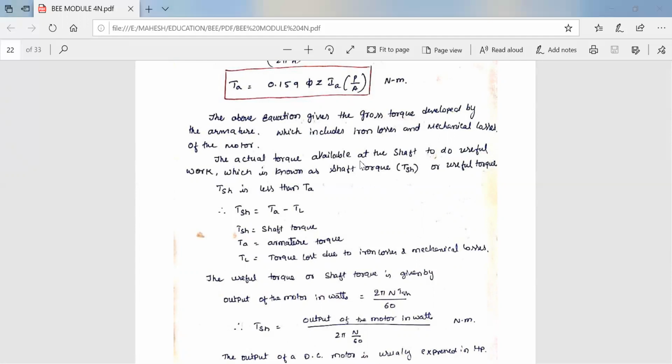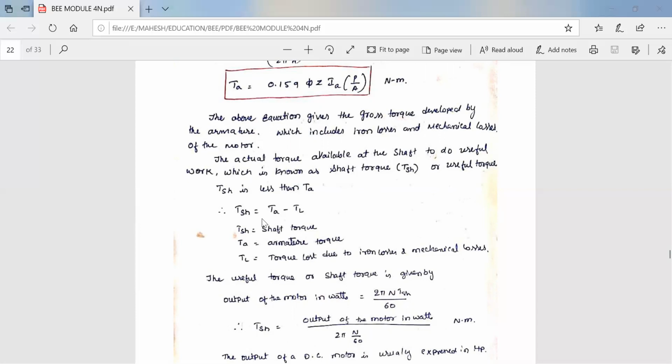So that torque we call shaft torque, means the torque which is used at the shaft, and it is always less than the armature torque, because the torque due to the losses, those losses being iron losses and mechanical losses, we have to remove. So the shaft torque is always less than Ta.